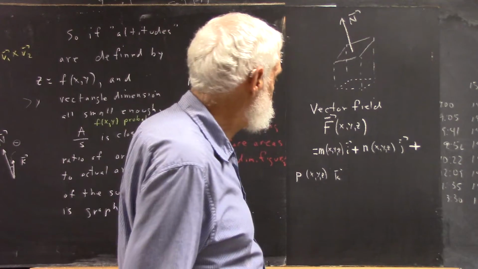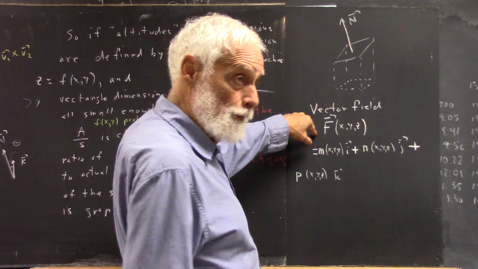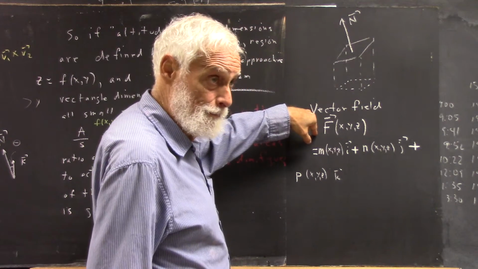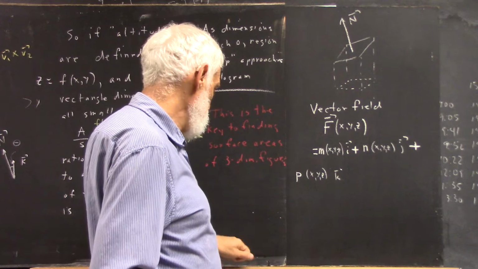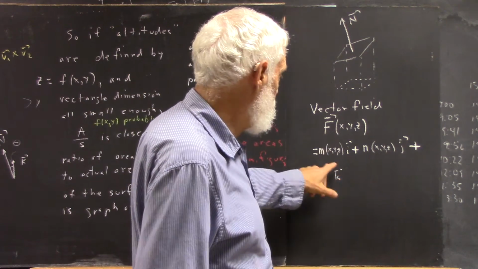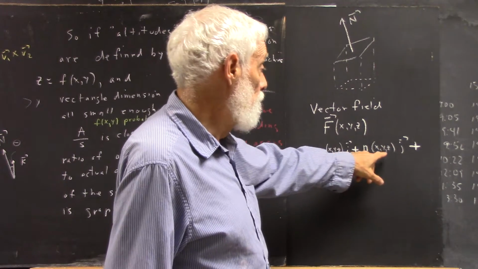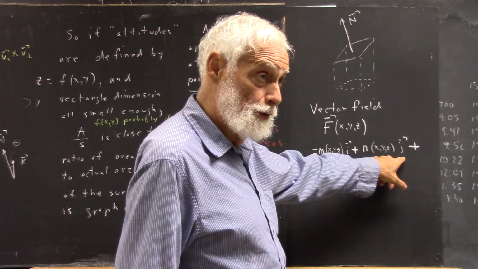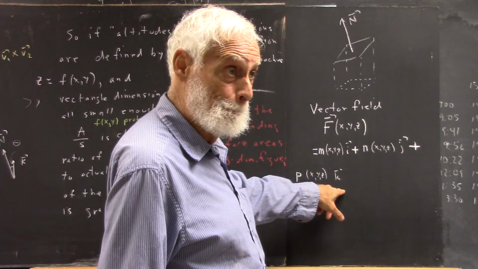Now, we have what's called a vector field, F of x, y, z, okay? Now, I'll draw you an example of a vector field, but just operationally, F of x, y, z is just some function of x, y, z multiplied by i, plus a function of x, y, z multiplied by j, plus a function of x, y, z multiplied by k.